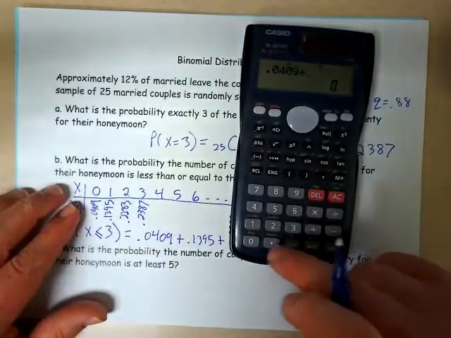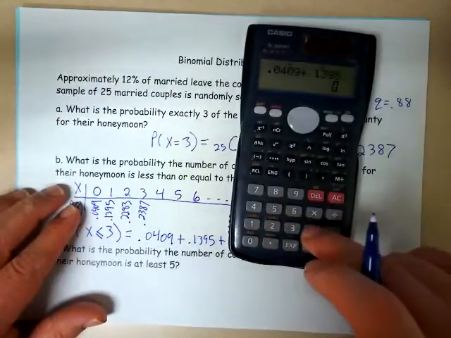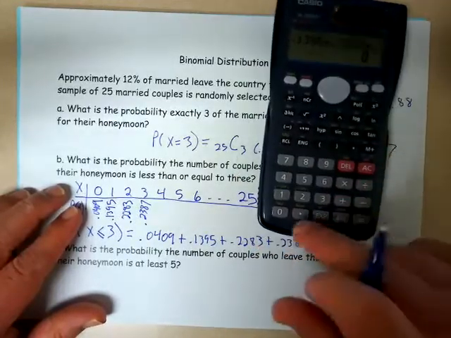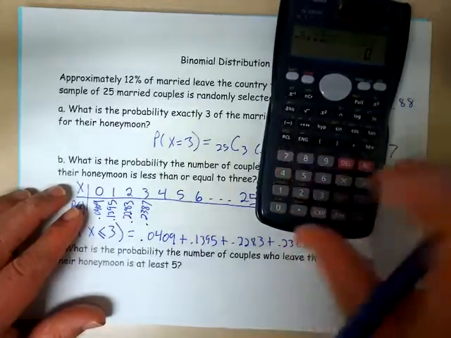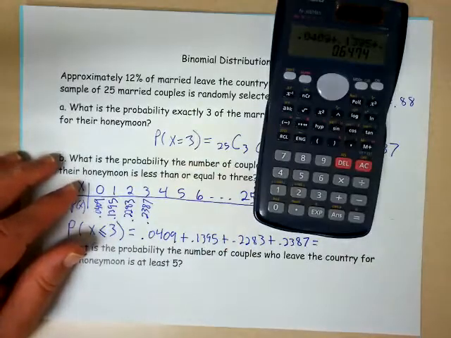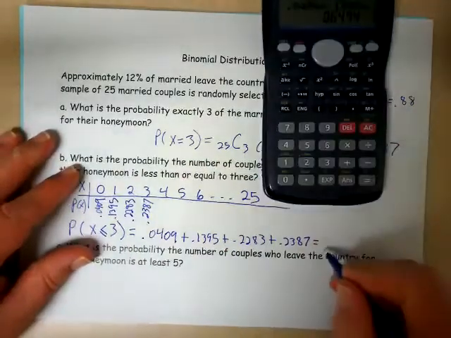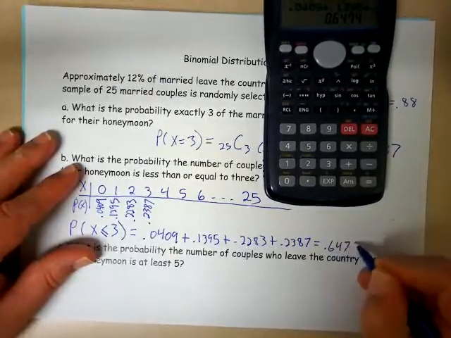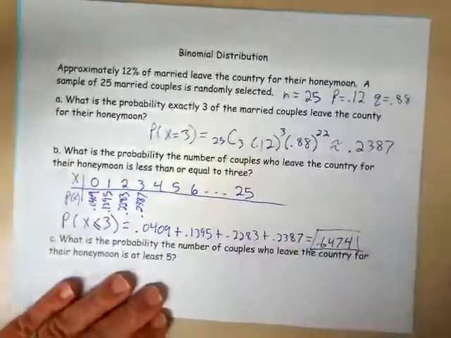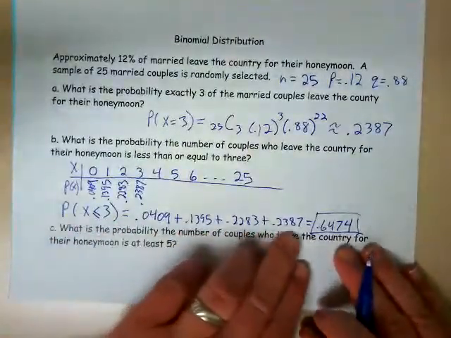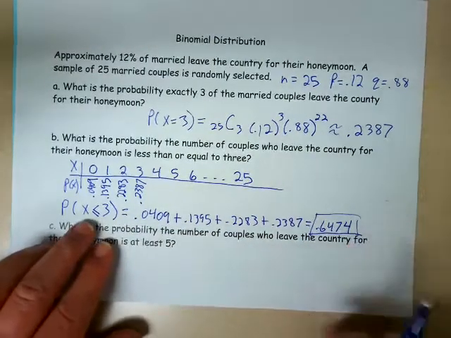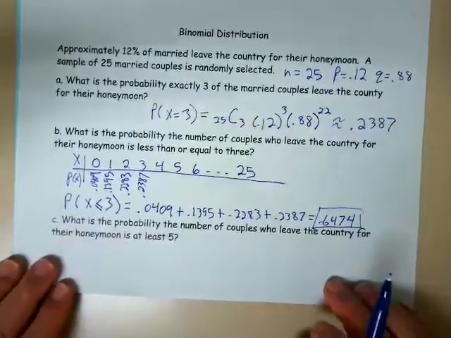What I get here is 0.6474. So that is the probability that the number of people who leave the country is less than or equal to 3.